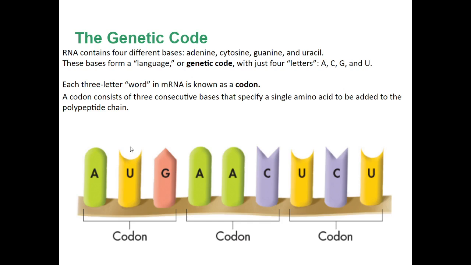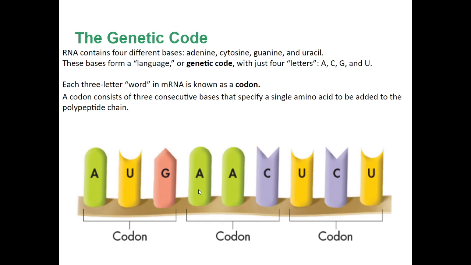Now here's the thing. On the RNA, all of these nucleotides are grouped into threes. Here's adenine, uracil, guanine, and they're grouped into threes. We call that a codon, C-O-D-O-N, and they're always in threes. The genetic code is actually grouped into these groups of threes.